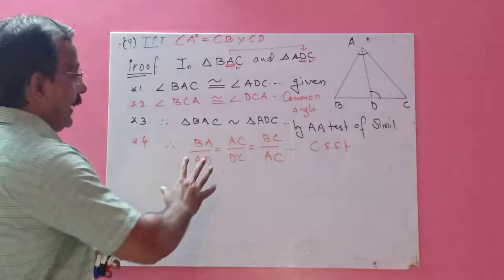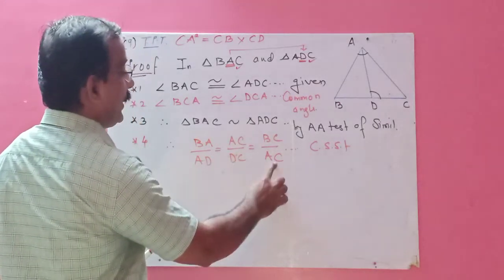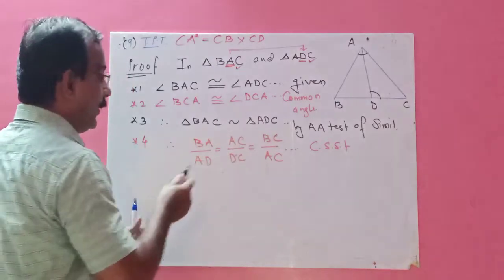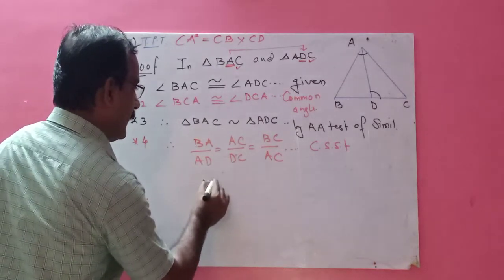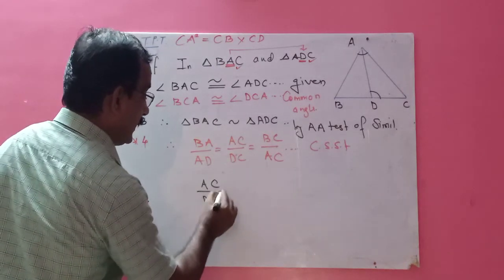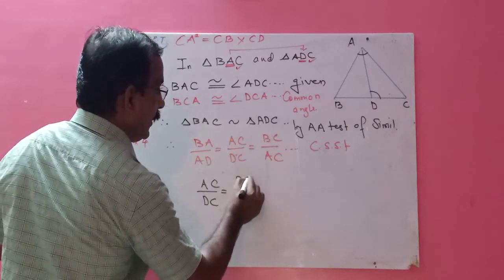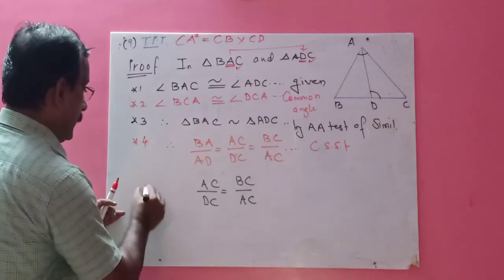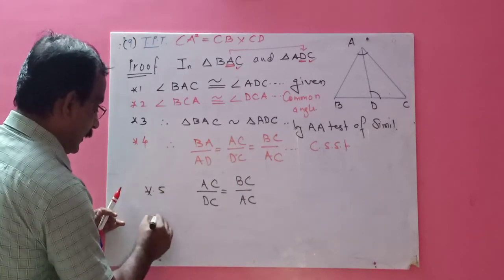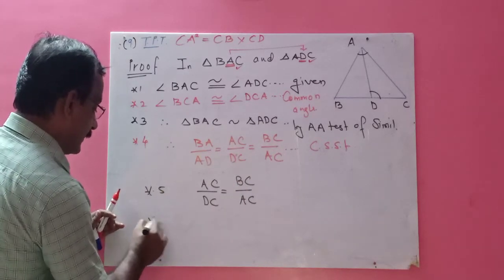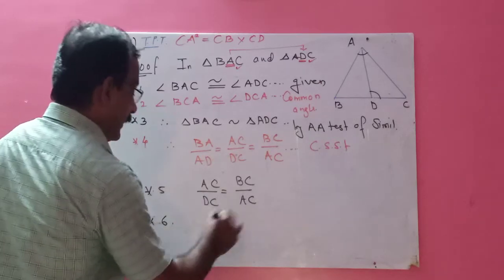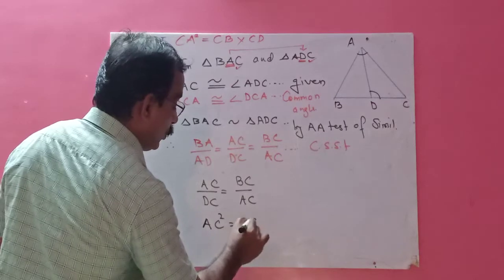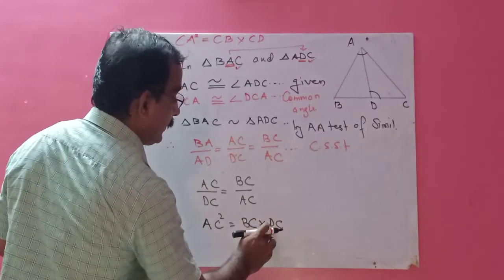Okay. Now among this, just see these two ratios, which will give you CA square if you cross multiply. So again you write down here AC upon DC is equal to BC upon AC. This you copied from here, point number 5, and therefore point number 6 will give you your result that AC into AC is AC square is equal to BC into DC.